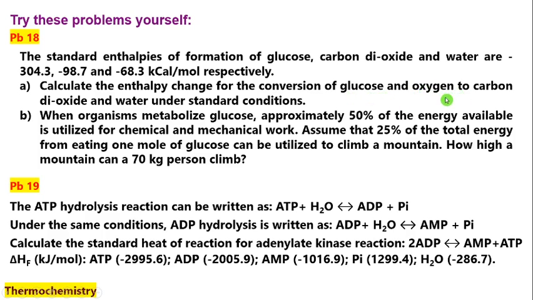You will calculate per mole of glucose. For 1 mole of glucose only it's asked here. So you have to find the height to which he can climb. So 0.25 times the energy produced out of 1 mole of glucose will be equal to 70 kg times gravity times height. Height is the unknown, you have to find out.